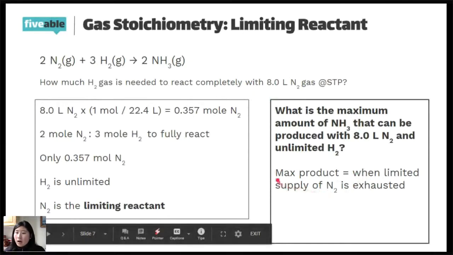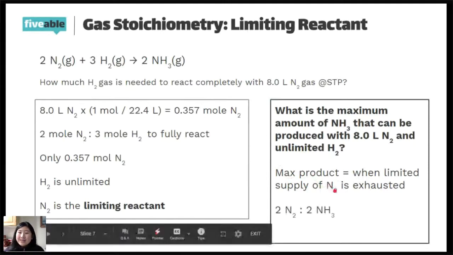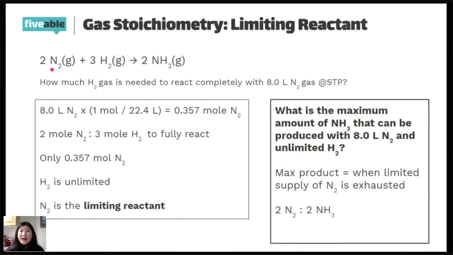All right. So we know that we have the maximum amount of product when our limited supply is all exhausted. Our limiting reactant right now is nitrogen gas. So we know that the ratio here is 2 moles of nitrogen gas to 2 moles of NH3.